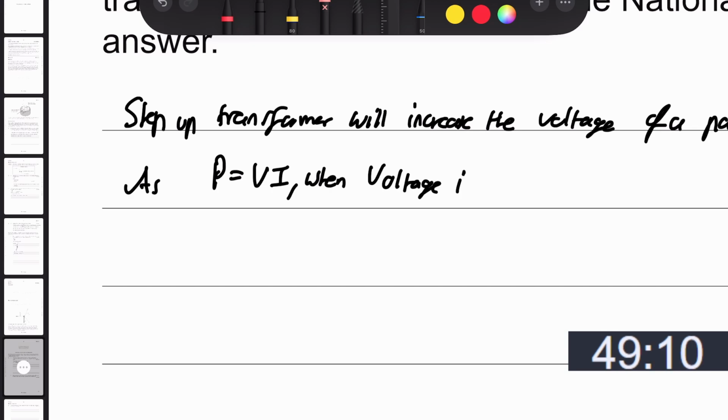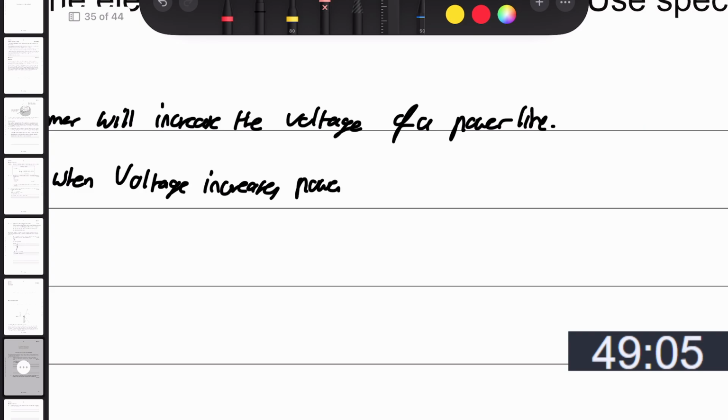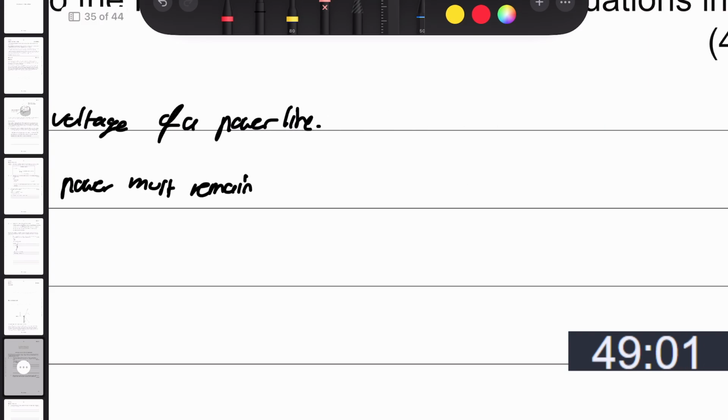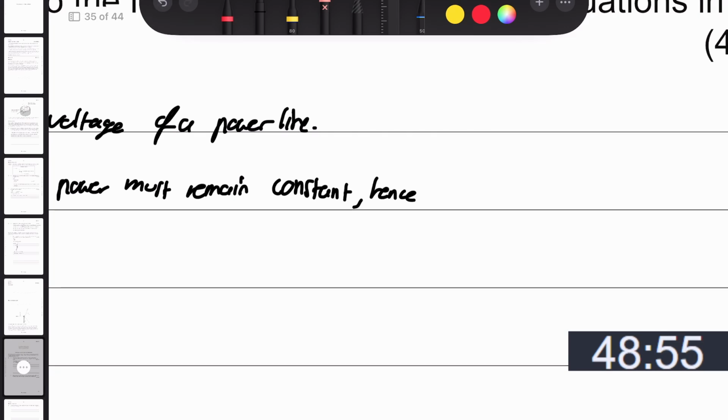When voltage increases, power must remain constant. And so hence I will decrease.